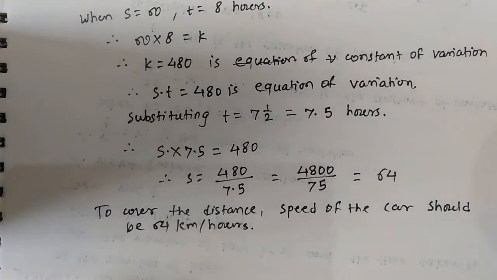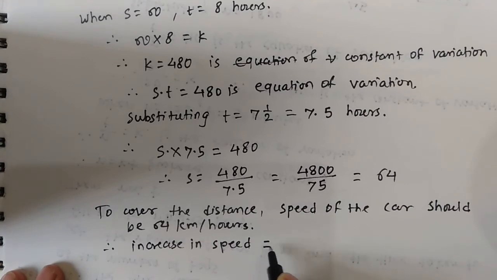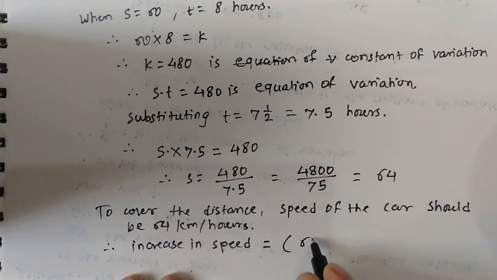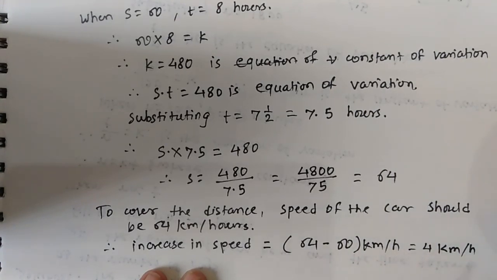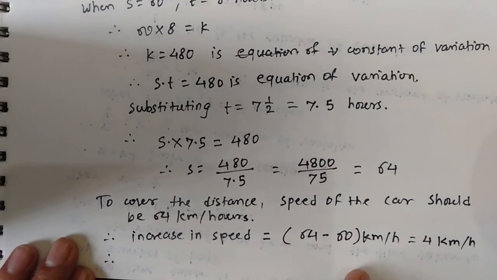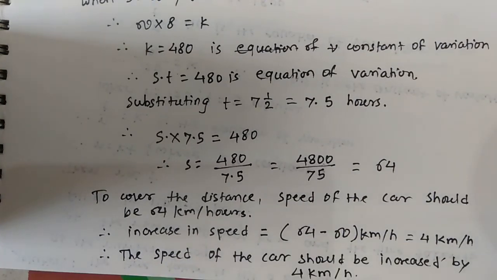Therefore increase in speed is equal to, what is our new speed? 64 minus the previous speed, which is 60 km per hour. So it is equal to 4 km per hour. Therefore write down the answer line: the speed of the car should be increased by 4 km per hour, and this is the final answer.